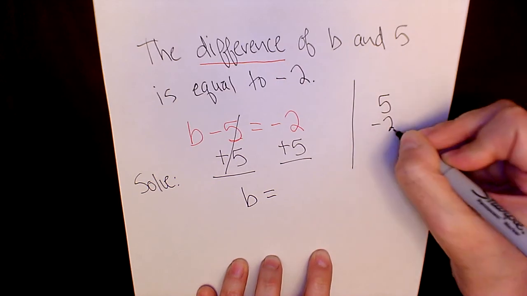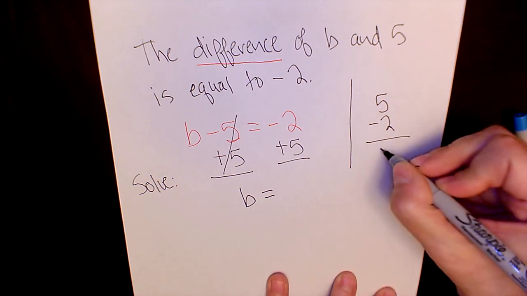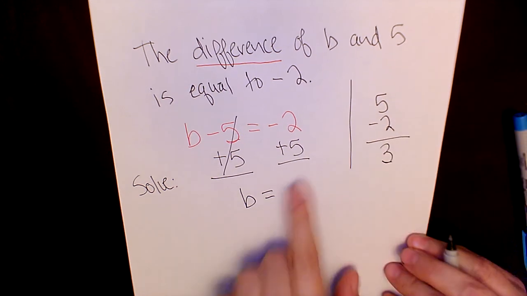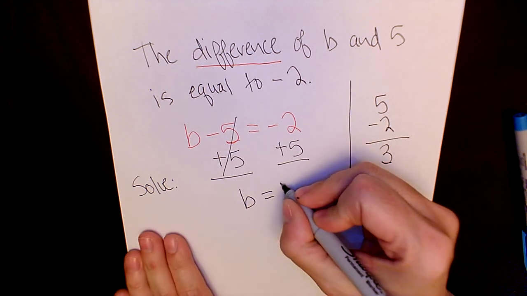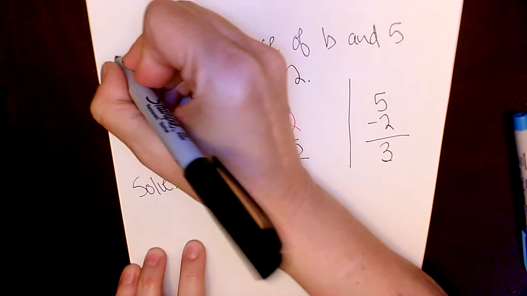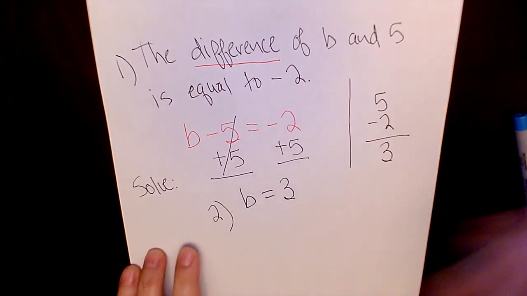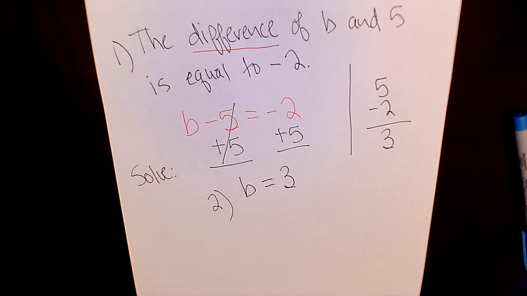Remember, we're going to subtract and take the sign of who has more, either the more positives or the more negatives. So 5 minus 2 is 3, and there's more positives with the 5, so my answer is 3. So they want you to write it out and then solve it. And I'm going to do one more of these. I want you to see one with a less than to make sure you can do one of those.